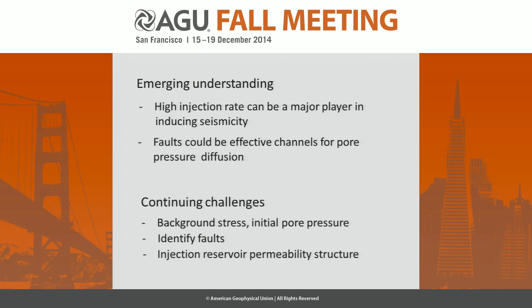And then the injection reservoir permeability structure: as I mentioned earlier, it's important to know some fine details about where we're injecting, which section of the injected interval is actually taking water, and whether some impermeable layers may be blocking or not.